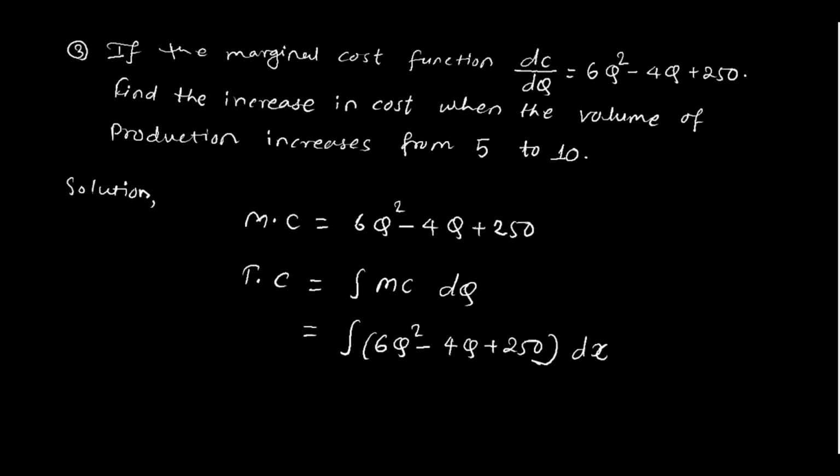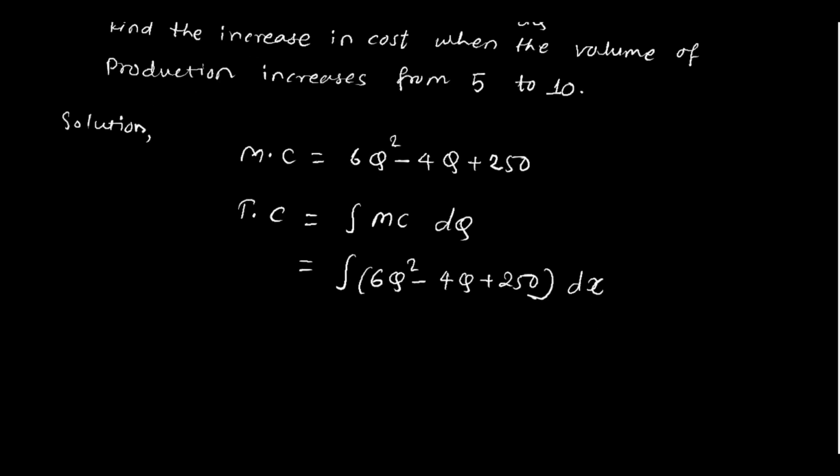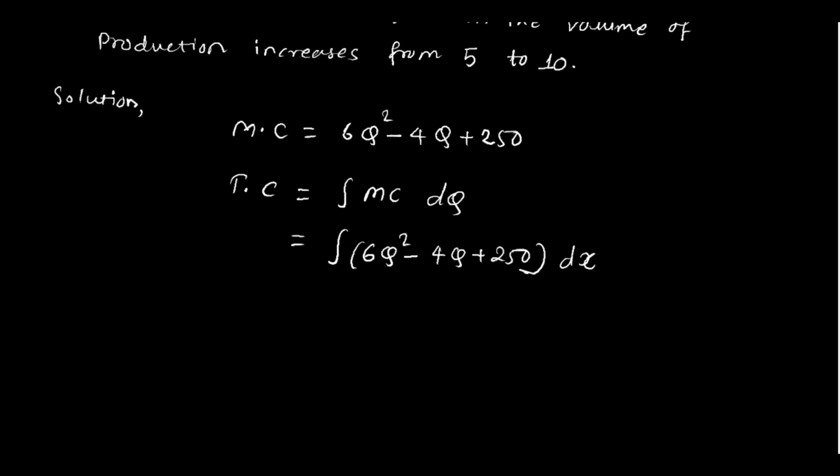If there was x, I would write dx. This equals 6q cube by 3 minus 4q square by 2 plus 250q, plus the constant c.